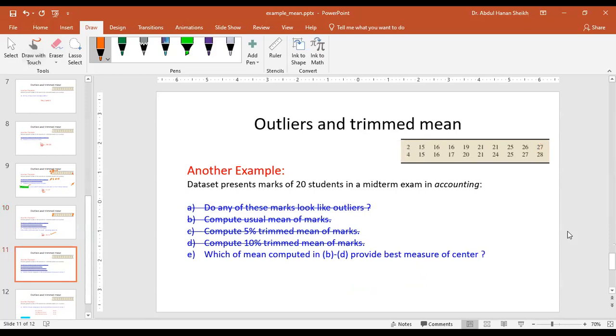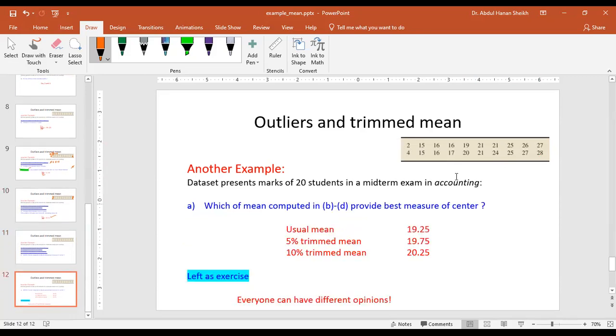Now we have this part E. I think I leave it for you. So you just decide which mean is the better one out of B, C, and D. Just look at this data and decide which mean is the best one. I just summarize the things: this is the usual mean, 5%, and this one.